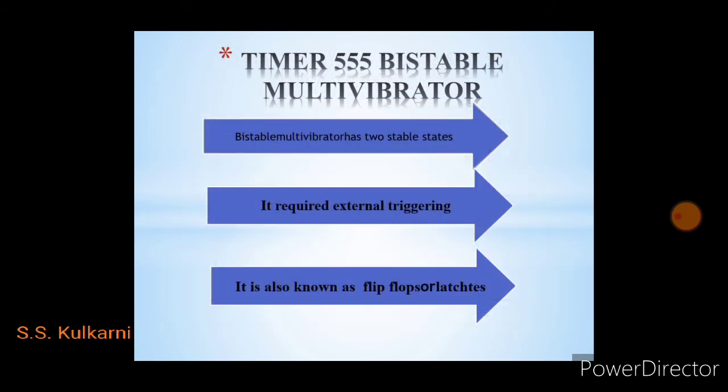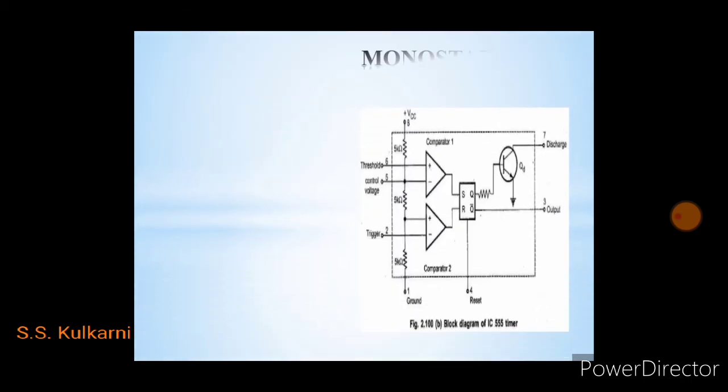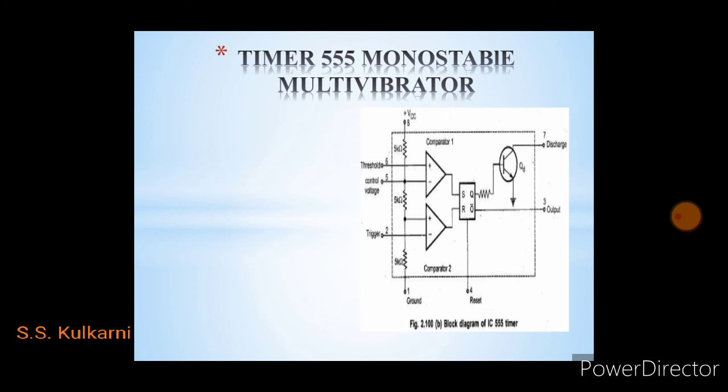Now, I am going to summarize the bistable multivibrator here. Bistable multivibrator has two stable states. It requires external triggering. It is also known as flip-flop or latch. Let us move towards the last application that I am going to talk about here, that is, timer 555 monostable multivibrator.